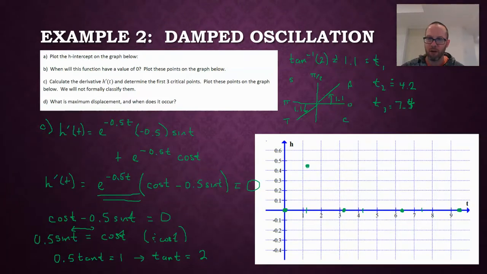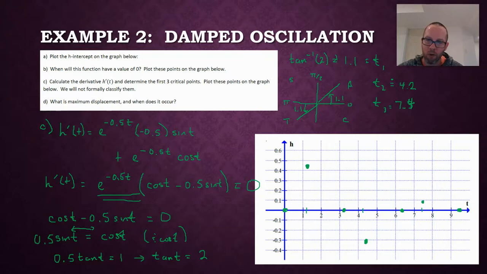You guys are going to find a y value somewhere up here for 1.1, somewhere a bit less than that for 4.2, and something a bit less than that for 7.4, something like so. I don't know if that's exactly what the y values are, but it'll look something like that.